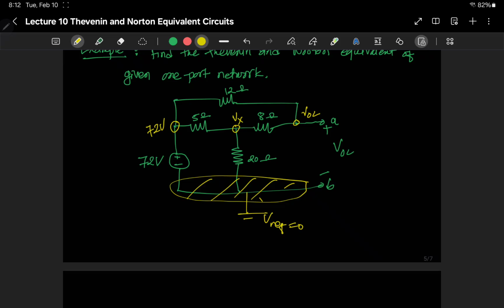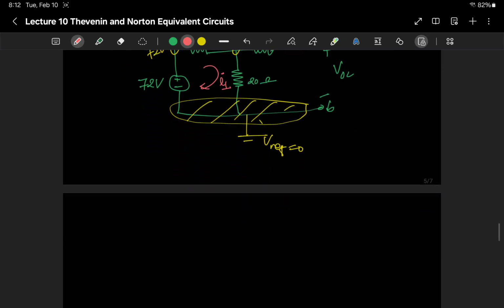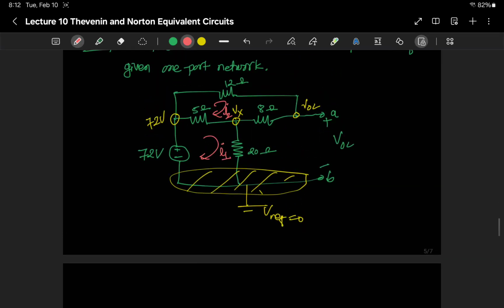Let's say we decided to do the mesh current method. We had one current here, let's say I2, and another current here, I1. Again two unknowns. So if they have the same number of unknowns, the second step is to look at what the desired quantity is. Since here voltage is the desired quantity, the node voltage method is the preferred method. If you were looking for current, then mesh current would have been the preferred method.